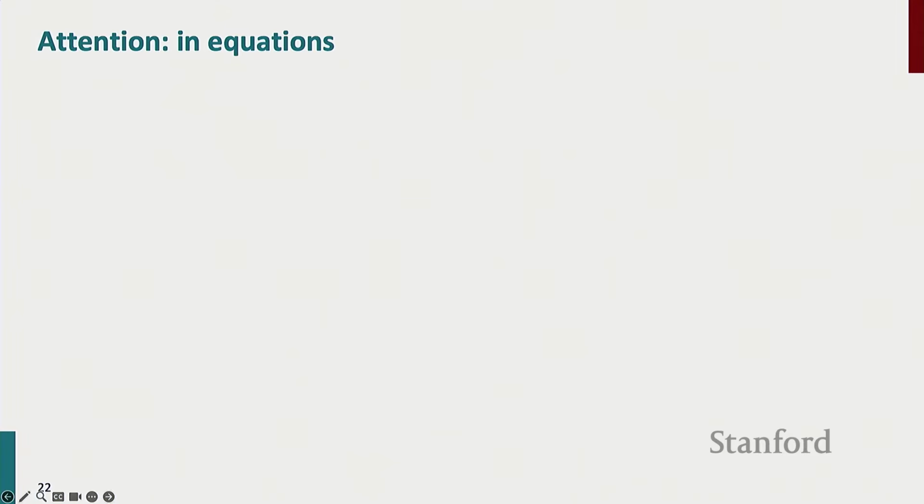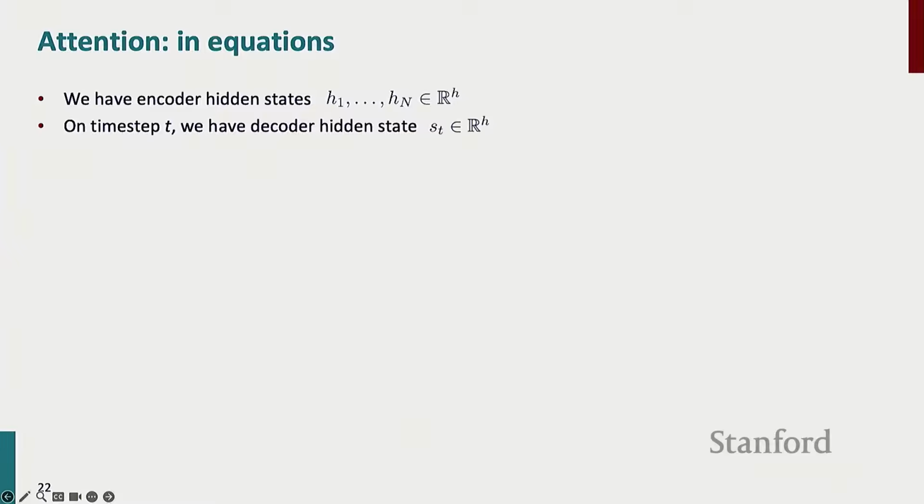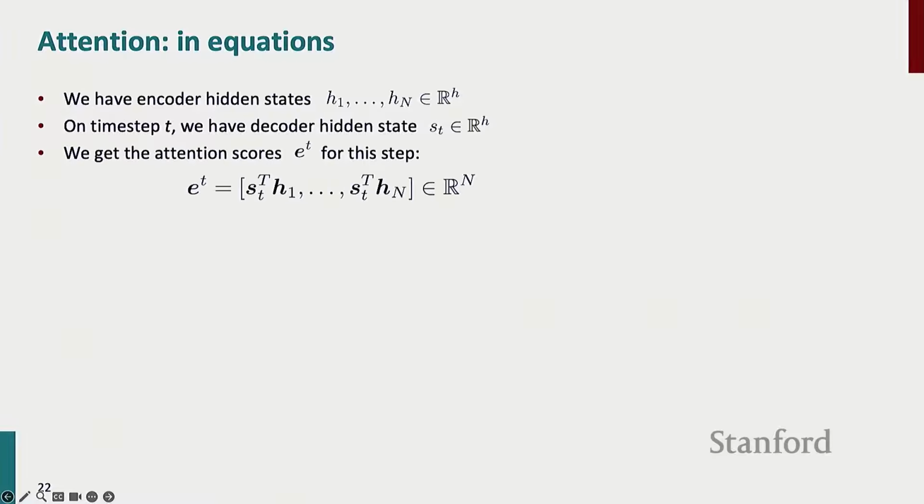So here it is in math. We have encoder hidden states, which we're going to call H. We have decoder hidden states, which we're going to call S, so they're something different. At each point we'll be in some particular time step t, so we'll be dealing with S_t.